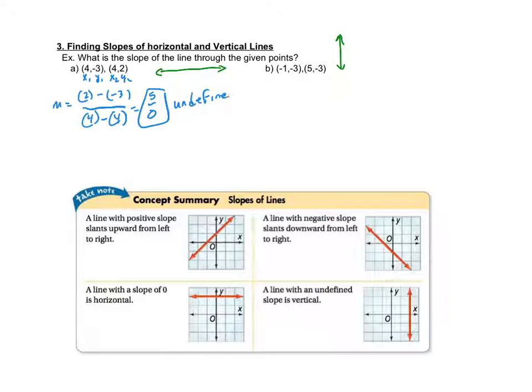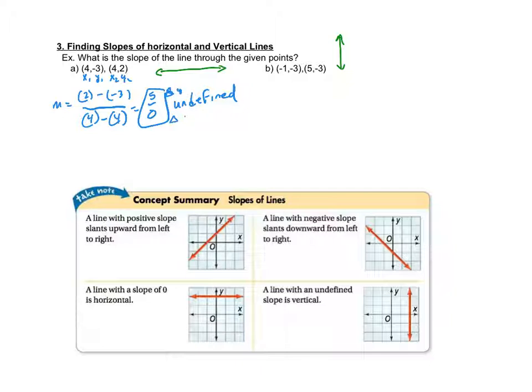Undefined because we can't have a 0 in the denominator. Believe it or not, that makes an incredibly large number, and that's why we're unable to use that as a 0. It's inconceivable. So that is an undefined number.